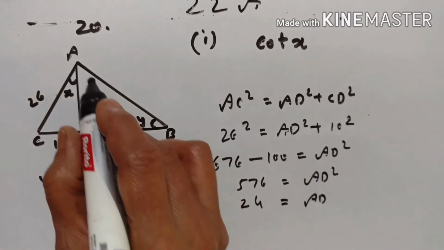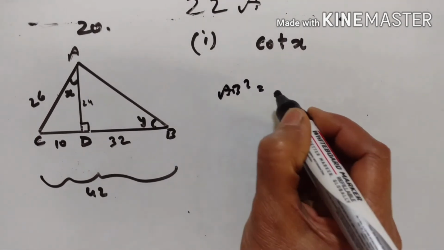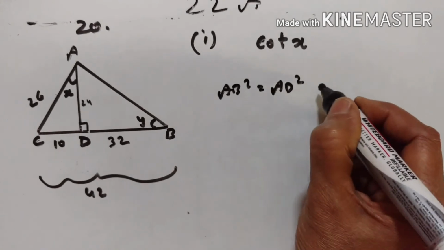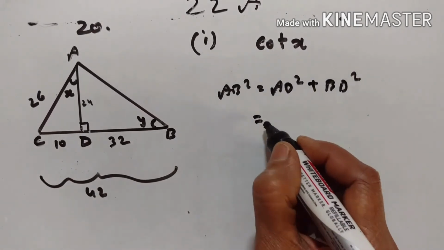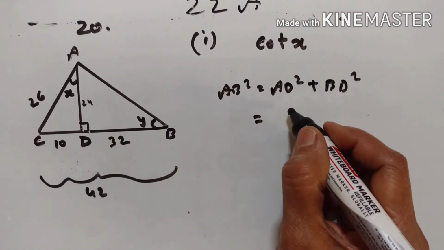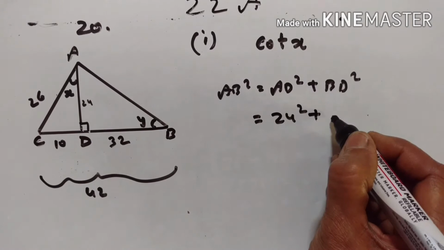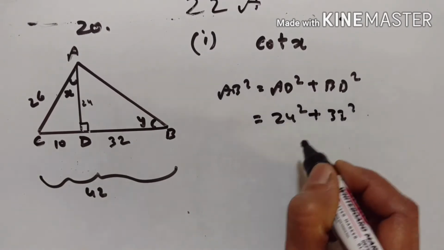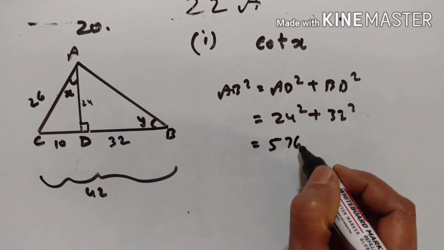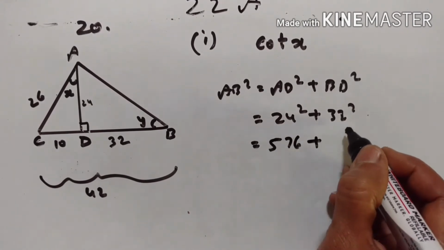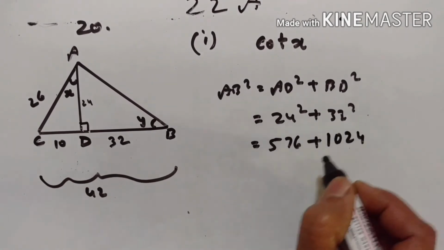Now, let us find what is AB. AB square is equal to AD square plus BD square. AD square, 24 square, plus BD square, 32 square. 24 square is equal to what? 576, plus 32 square. 32 square is equal to 1024.